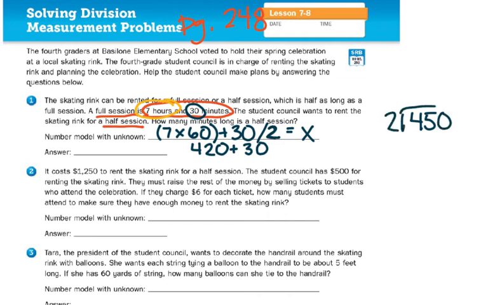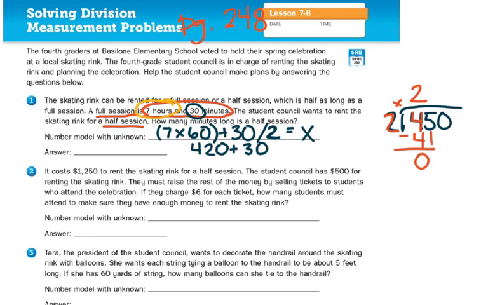So over on the side, would you please set up 450 divided by 2? How many 2s are in 4? Well, there's 2. And then, does McDonald's, I'm going to multiply. 2 times 2 is 4. Does McDonald's sell? Let's subtract.